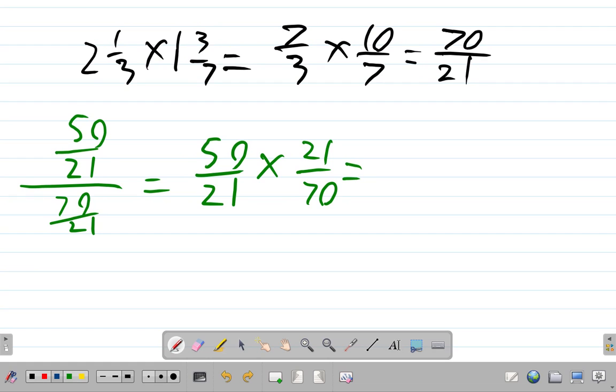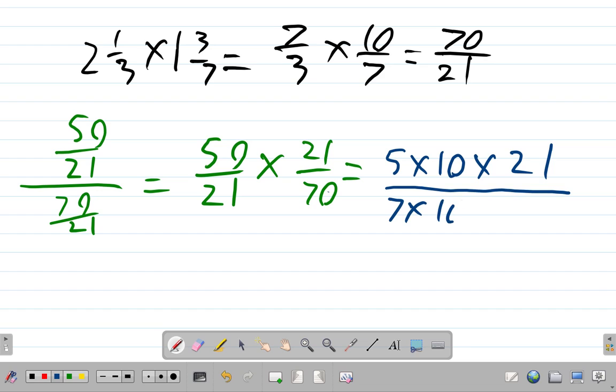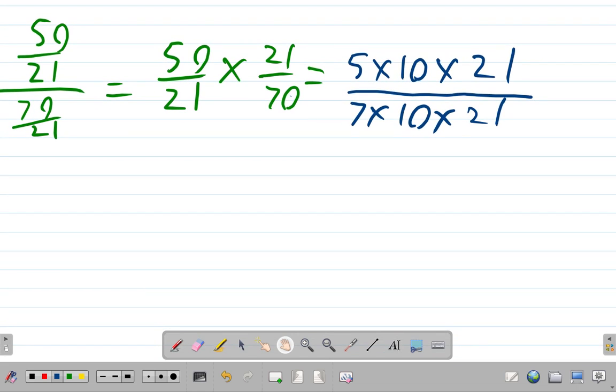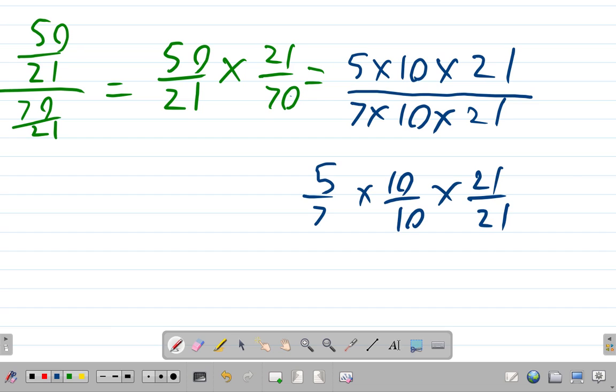What we can say is that 50 is the same as 5 times 10, and this is 21, divided by what? 70 is 7 times 10, and this you have 21. Now I can divide this up into 5 over 7 times 10 over 10 times 21 over 21.